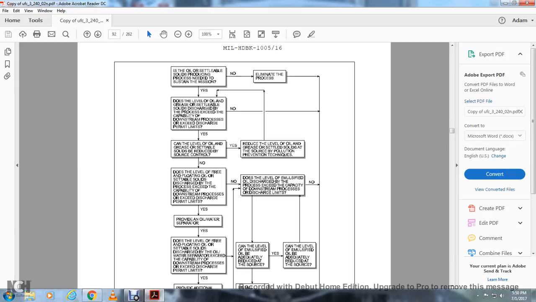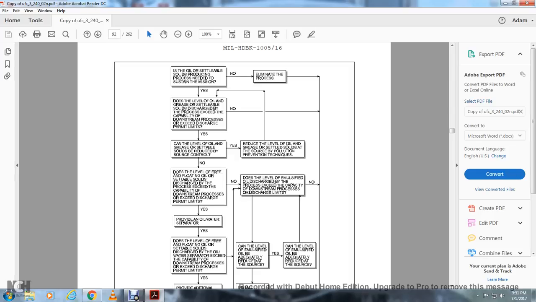Then go back to: does the oil and grease and settable solids discharge from the process exceed the capability of the downstream process or exceed discharge limits? Can the level of the oil, grease, and settable solids be reduced at the source? No. Does the level of free floating oil and settable solids discharged by the process exceed the capability of the downstream process or exceed discharge limits?